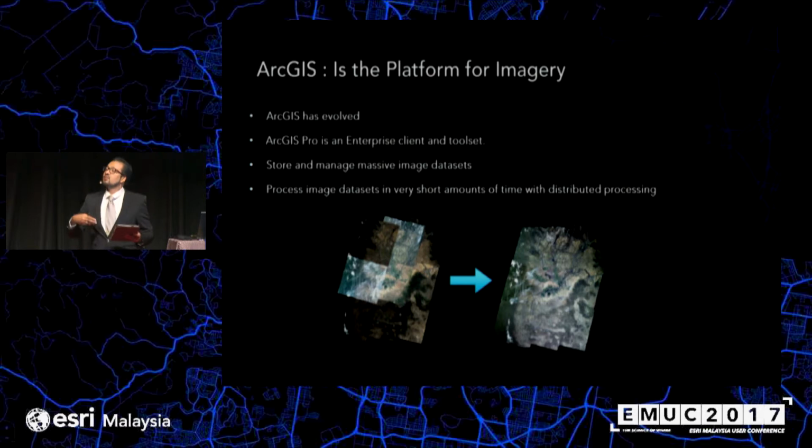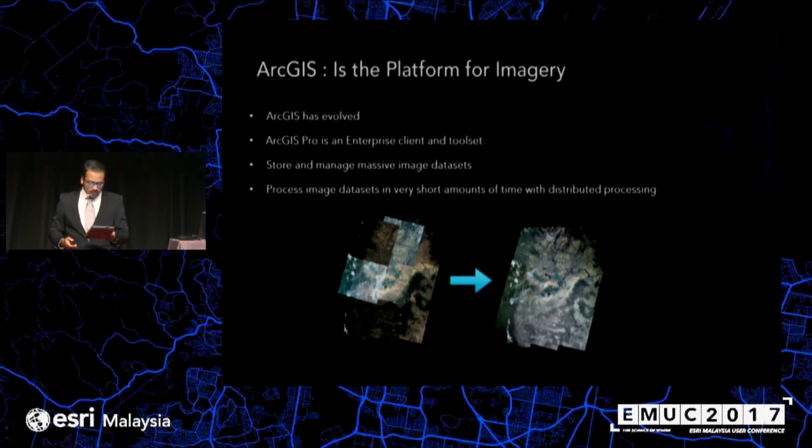One of the key strengths is that we can store massive data, and it doesn't matter where the data is stored or what the resolution is, it can mix it all together in a Mosaic data set and publish it in the organization. With distributed processing in ArcGIS Pro, we can produce results in a short time. This is a massive improvement, as we could not do it before in ArcMap.